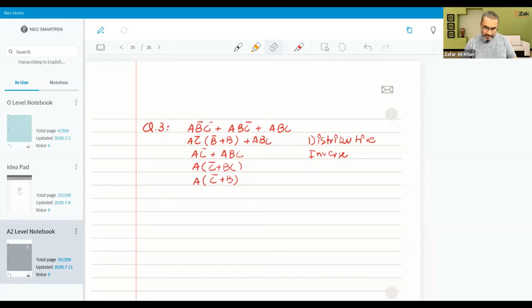So which law I have applied? C naught plus B and C. Have I mentioned this law earlier? Yes, this is absorption law. A plus A naught into B becomes A plus B. All right, so this is absorption law. I did mention it. There is another name of this law. This is called redundancy law, but over here this is absorption law.